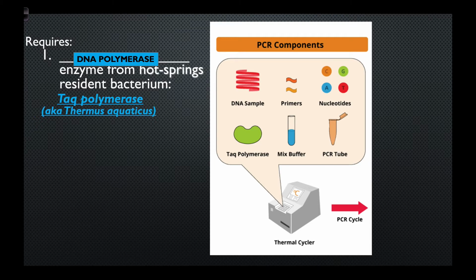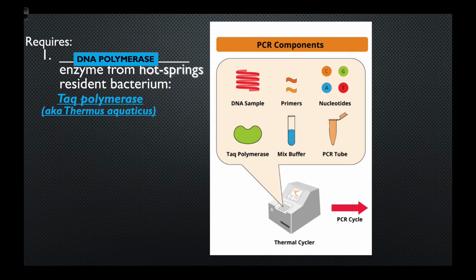And the DNA polymerase we're going to use is going to be from a hot springs bacterium. Now, that sounds kind of weird, but here's the thing about bacteria: some of them live in some very strange places, and they can withstand a wide range of environmental conditions. This particular bacterium can withstand very high temperatures, one of the things that's going to be necessary during this process.